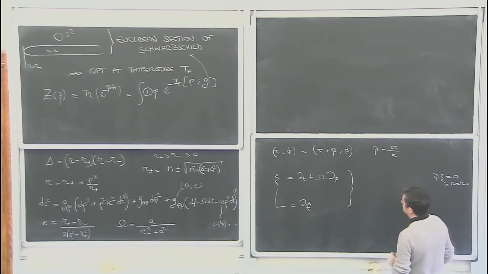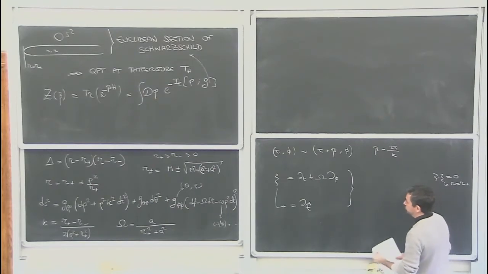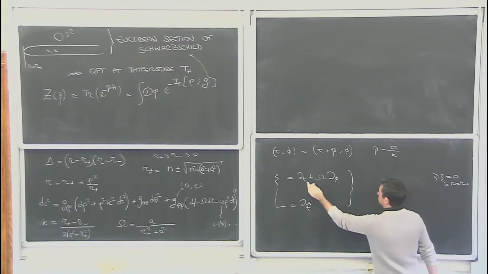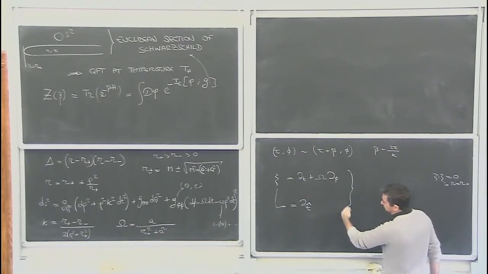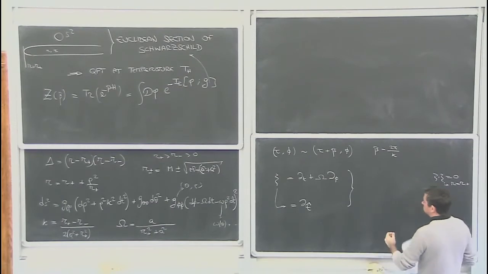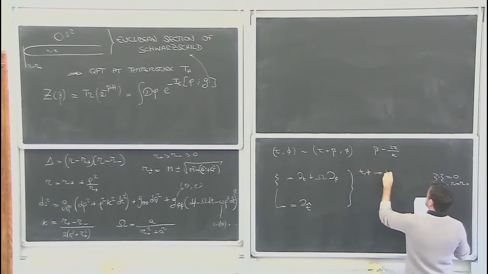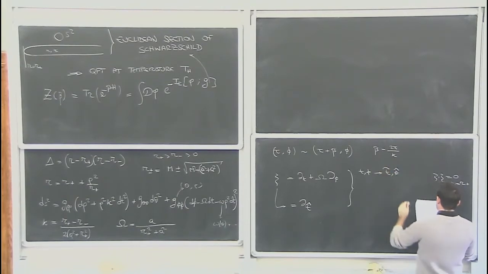So what is t hat? I have to introduce a change of coordinates between t, phi and t hat, phi hat. Phi hat does not appear here, but I have to define the generic change of coordinates. So I have to go from t, phi to t hat, phi hat.